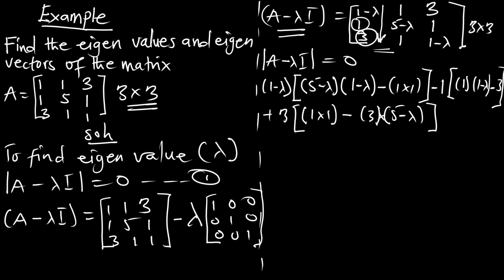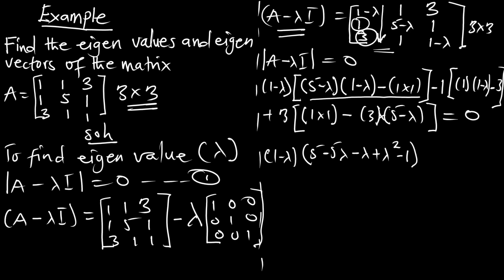So let's try to simplify this. Let's equate everything to 0. If you simplify this, you are going to get 1 minus lambda. And in this first bracket, you are going to get 5 minus 5 lambda minus lambda plus lambda square minus 1, minus 1.